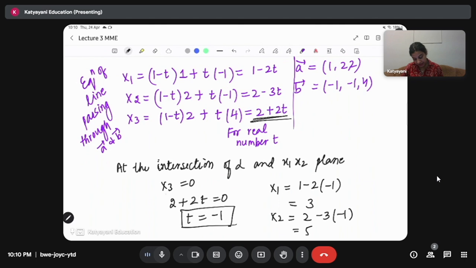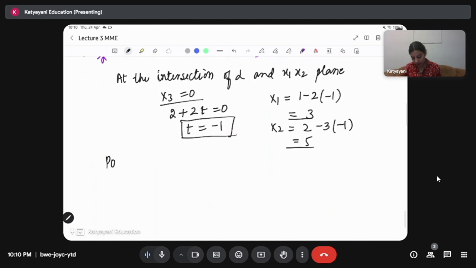And x3 we have already said is equal to 0. So I've got all the points: x1 is 3, x2 is 5 and x3 is 0. So the point where the line intersects the x1 x2 plane is 3 comma 5 comma 0. Point of intersection is 3 comma 5 comma 0.